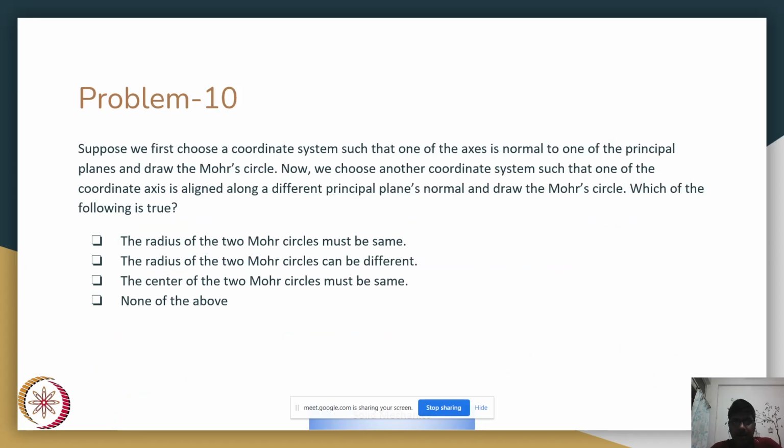Okay, and finally the 10th problem. Suppose we choose a coordinate system such that one of the axes is normal to one of the principal planes and draw the Mohr circle. So we are initially choosing a coordinate system. Suppose these are n1, n2, and n3, the principal plane normals.